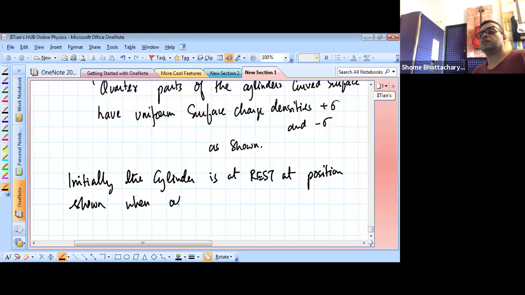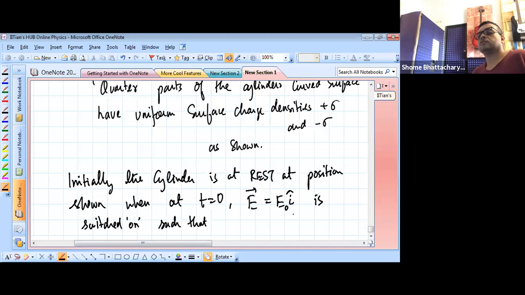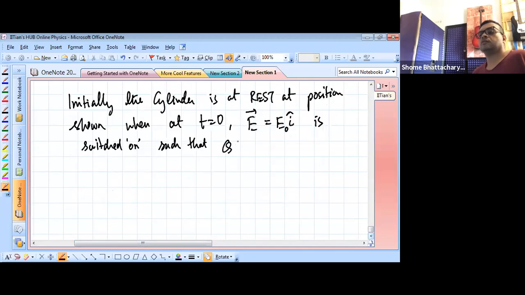At t equal to 0, a uniform electric field E naught i cap is switched on, such that Q E naught is equal to d by 4 mg.